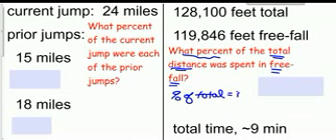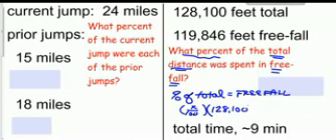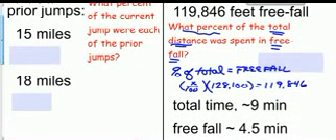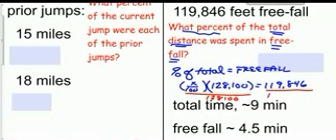So in order to do this, we can either use the equation method, which says what percent, x over 100, of the total here, 128,100, was equal to the free fall amount. And to solve this equation, we're going to have to do 2 things. One of the things that we'll need to do is to get rid of this 128,100. So we're going to divide both sides by that because it's being multiplied. So I do that on both sides.